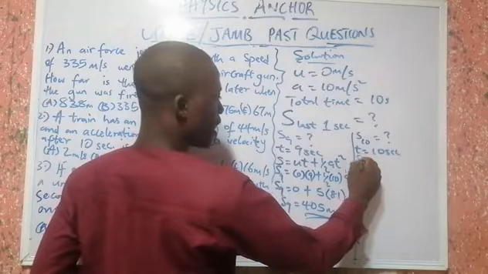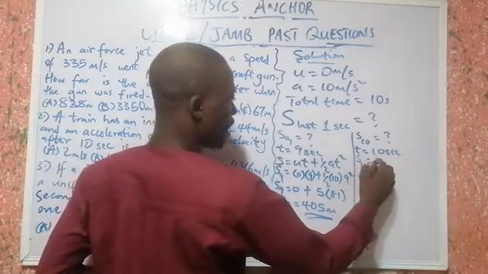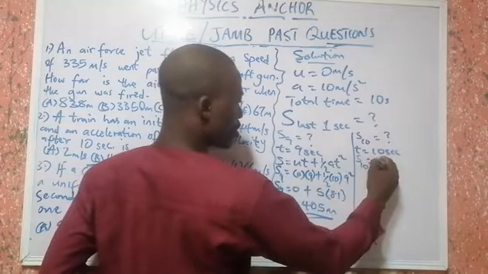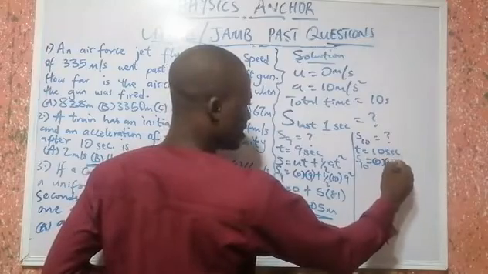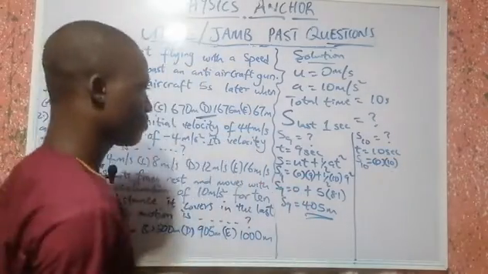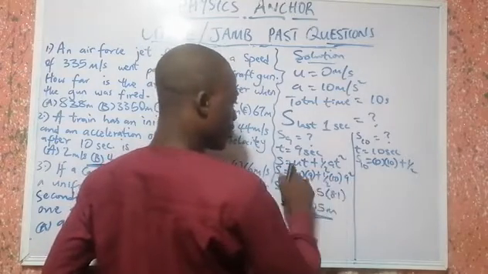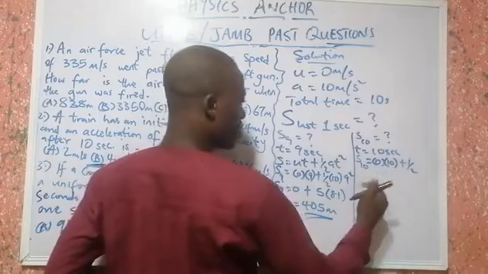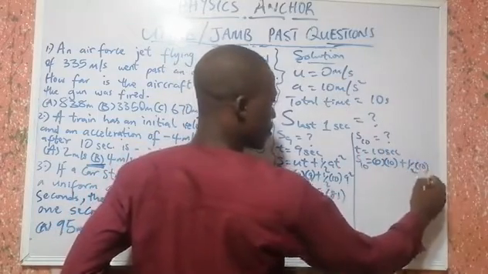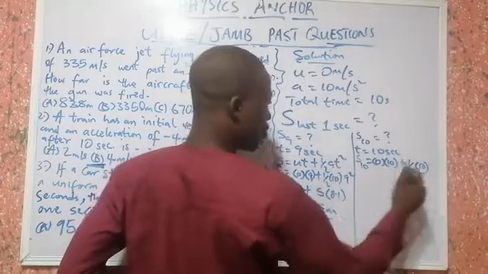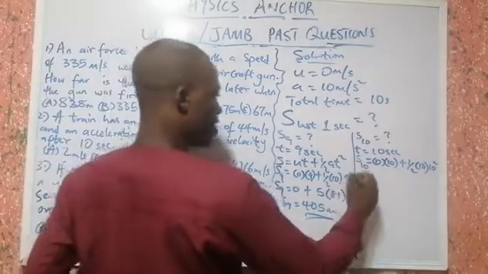So our S10 equals U, which is still 0, times T, which is now 10, plus half A, which is still 10, times our time T squared, which is 10 squared this time.